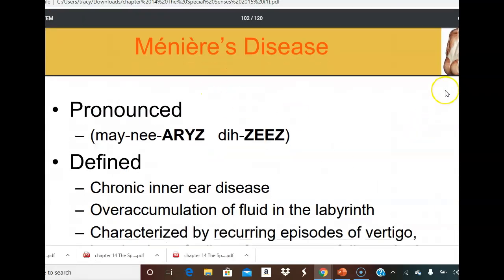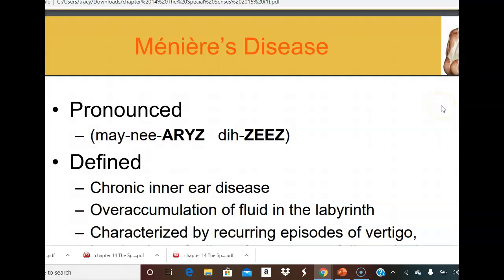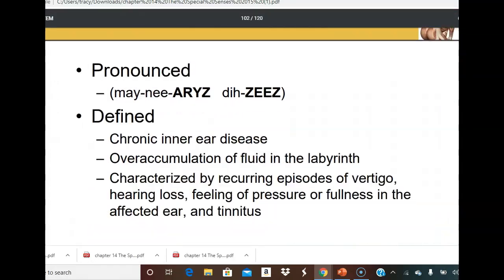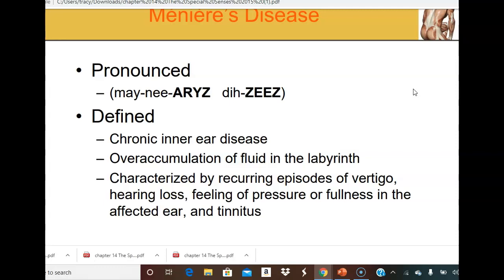Meniere's disease is a really unfortunate combination. When people have Meniere's disease, there are three or four different symptoms that can be associated, but each person can have a different amount or different degree of severity with this. It's an inflammation or infection of the inner ear, and generally we have an accumulation of fluid either in the labyrinth or even in the cochlea.